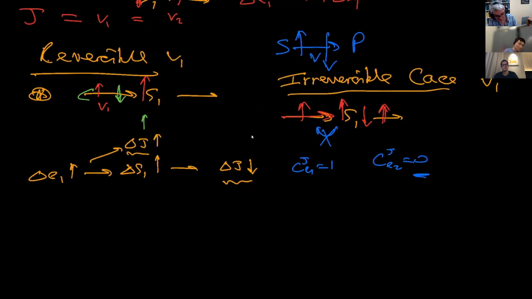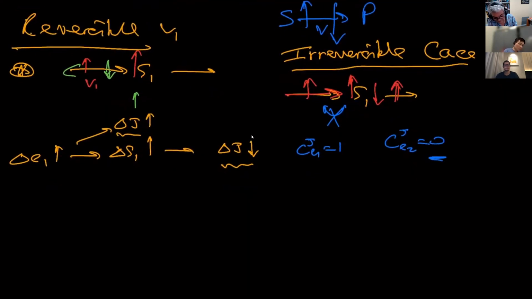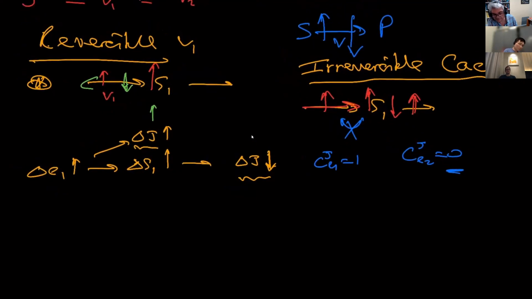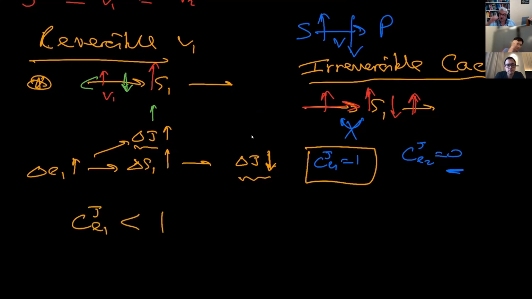That slight inhibition then reduces the full effect of E1. If you had a full effect on E1, you'd get a control coefficient of 1. But we don't get the full effect. So CJE1 is less than 1.